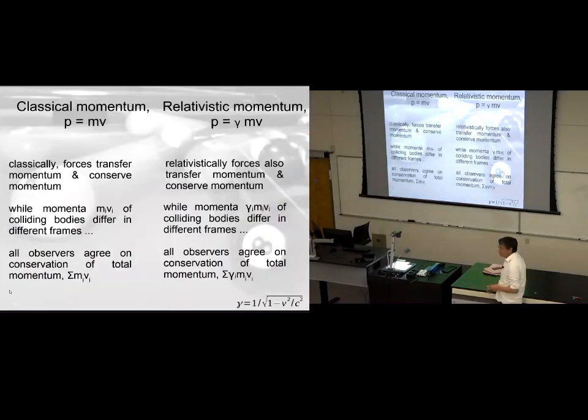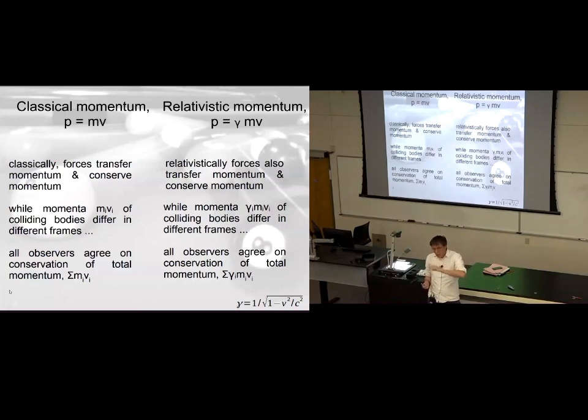This slide here, left-hand side is the classical world of Newton. Right-hand side is the relativistic world, Einstein. The two columns are reminding us of classical momentum and introducing relativistic momentum. Classical momentum, you'll remember, has the symbol p, and the equation is p equals mv, mass times velocity.